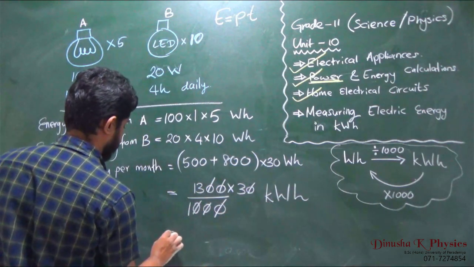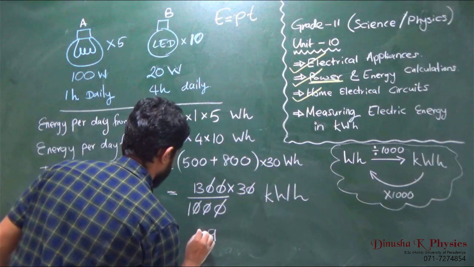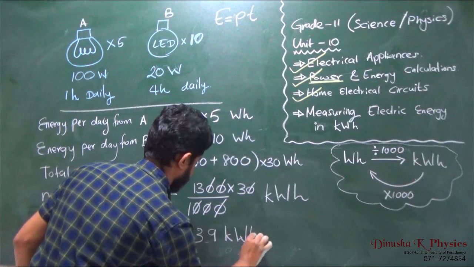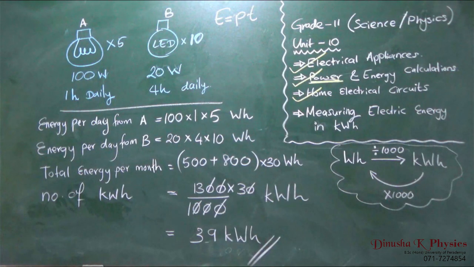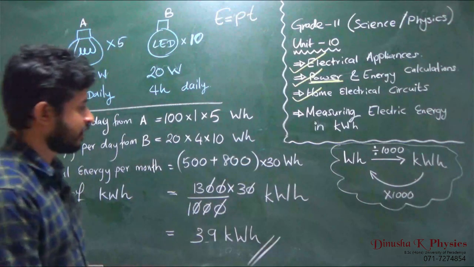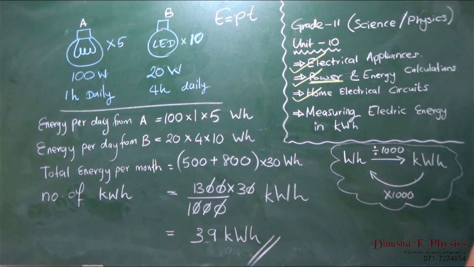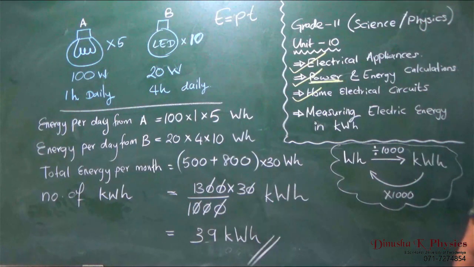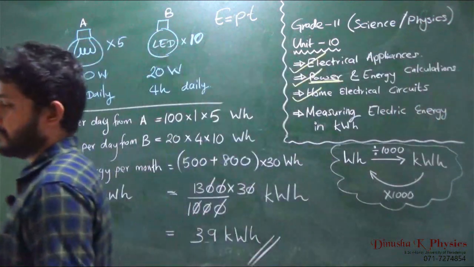So 13 times 3 will be 39 kilowatt hours. 39 kilowatt hours, right? Very simple.